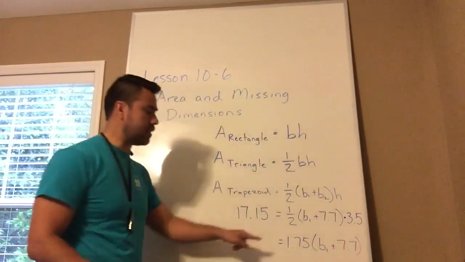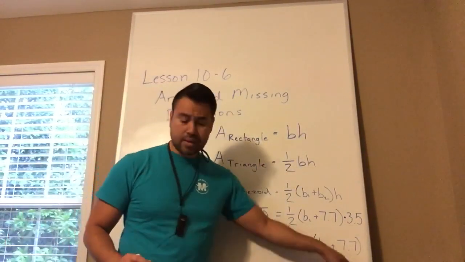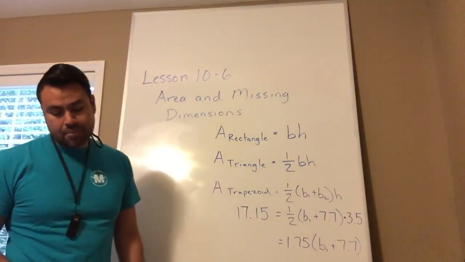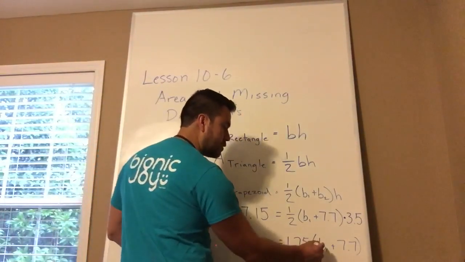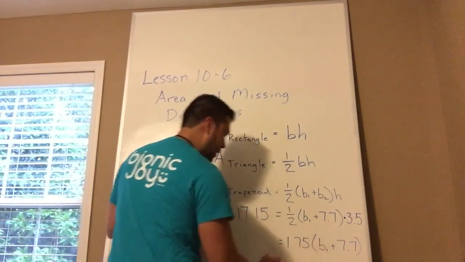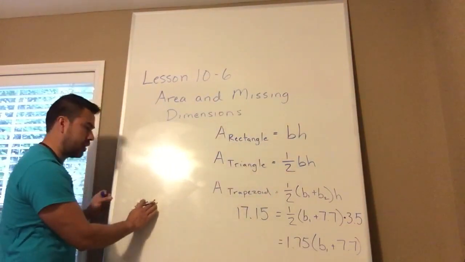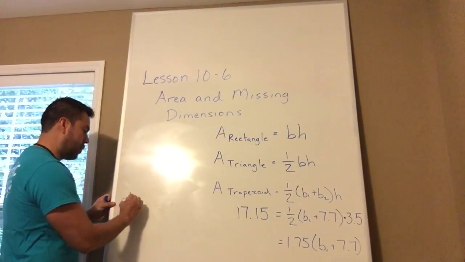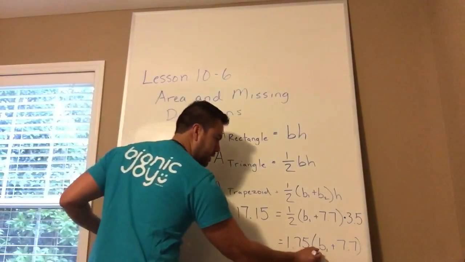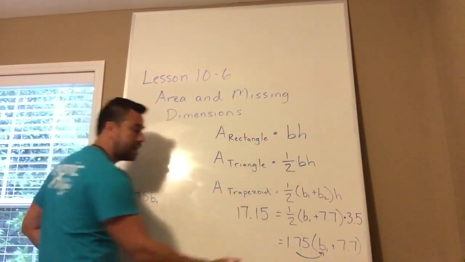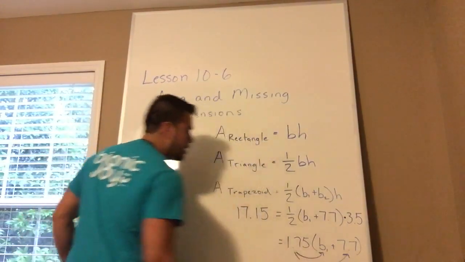Okay, so what do you think I do with these? I'm probably going to use the distributive property. So what's 1.75 times b sub 1? 1.75 times b sub 1. So I just did these two multiplied together.